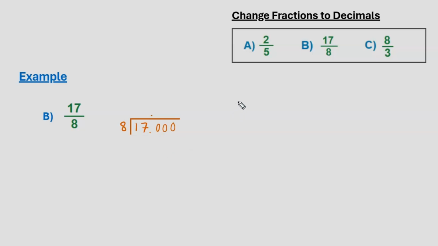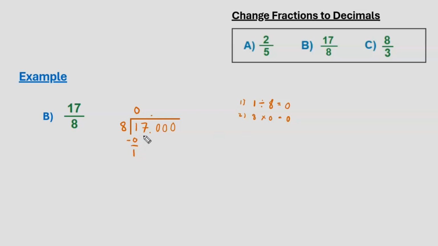So if we start off, we have 1 divided by 8, ignore any remainders, this is 0, then 8 multiplied by 0 is also 0, so we're left with the 1.